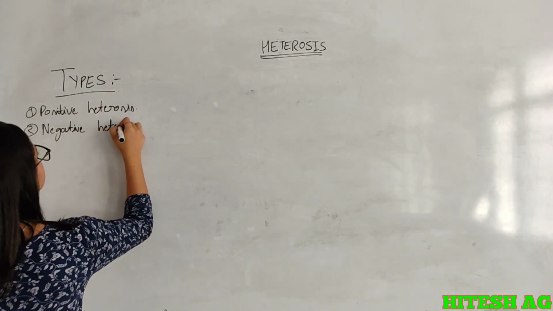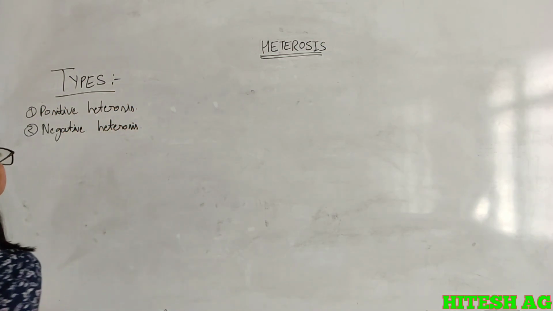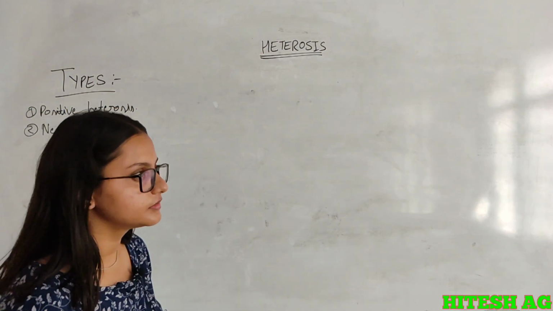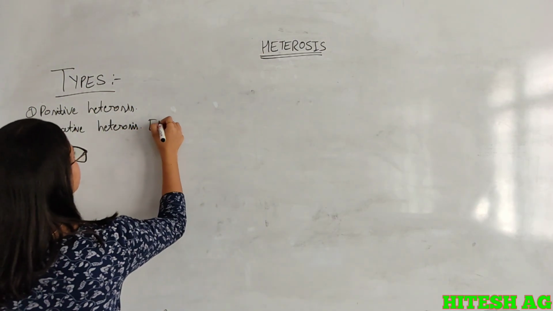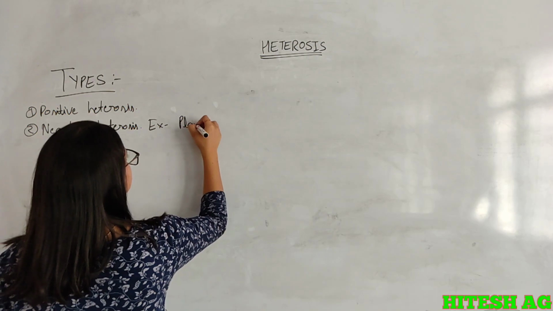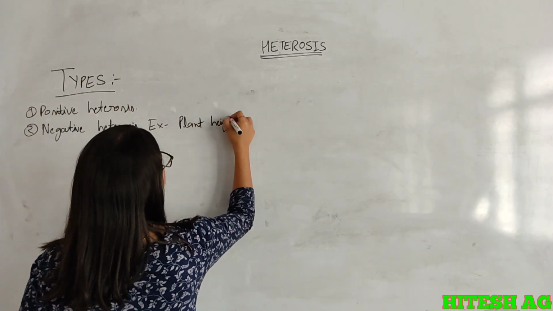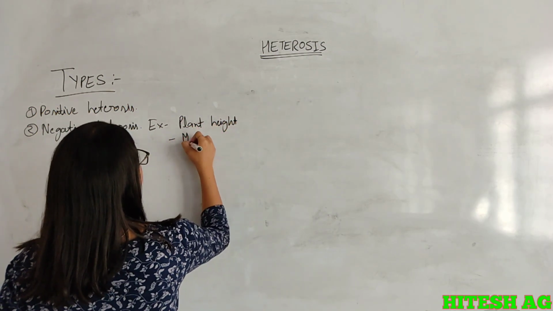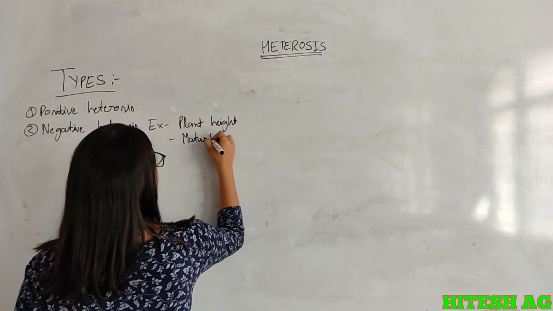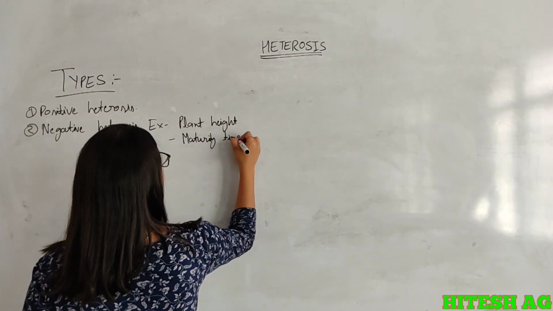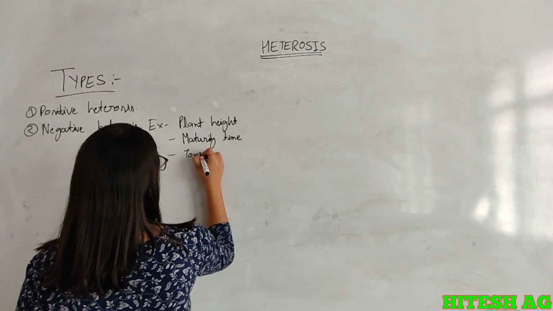In some breeding programs, negative heterosis is more desirable, and examples include plant height, maturity time, and toxic substance production.